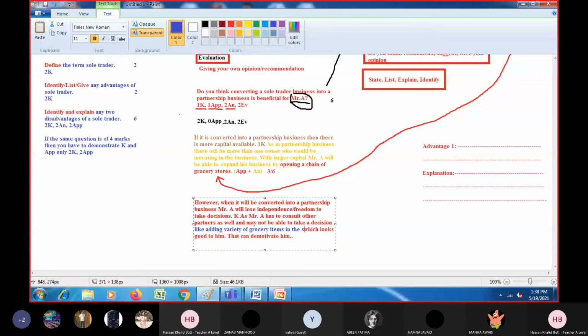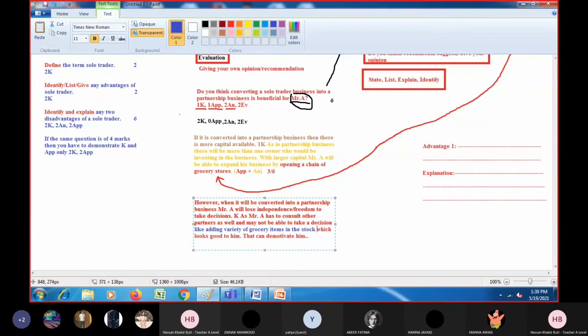Or you can mention any items of daily needs, as I mentioned earlier. So you can use that as well. So this is application. Now, knowledge is there, analysis is there, and application is also there. Although there's only 1 mark for the application, I mentioned that only to give you a better understanding of how to use application in the development of your point.